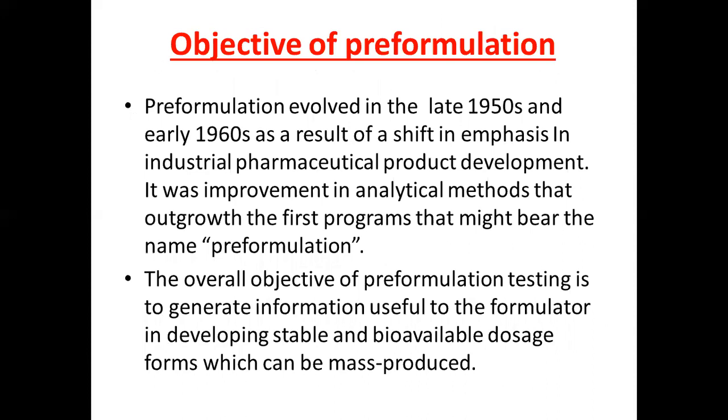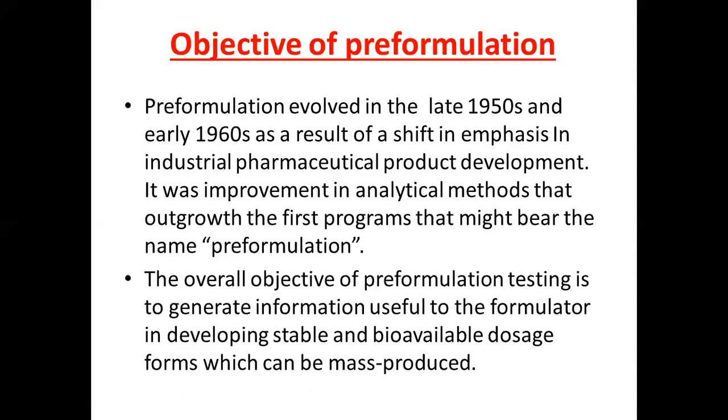And pre-formulation evolved in the late 1950s and early 1960s as a result of a shift in emphasis in industrial pharmaceutical product development. In industry, when a certain pharmaceutical product or drug, it may be like Brufen, is going to be formed in very large bulk amounts, in thousands of bags, these pre-formulation studies which investigated the physicochemical properties were found necessary in the late 1950s and early 1960s.